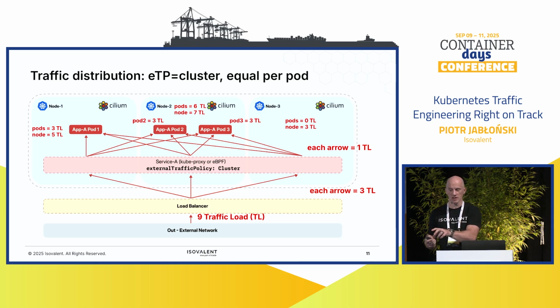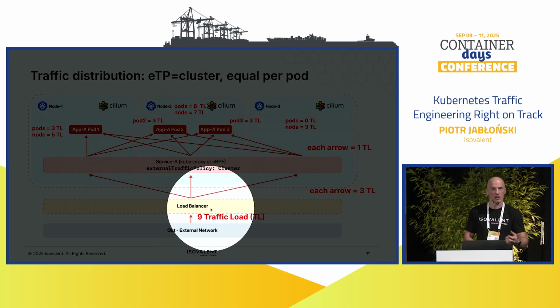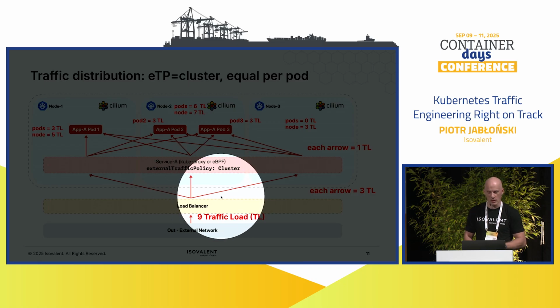The third characteristic is that the load balancing of ETP cluster is doing traffic engineering and distribution of the traffic per pod. To visualize this, I added traffic load on the slide. I used just an artificial number 9 for easier calculations, because then I have 3 lines, so this will be a better distribution without fractions.